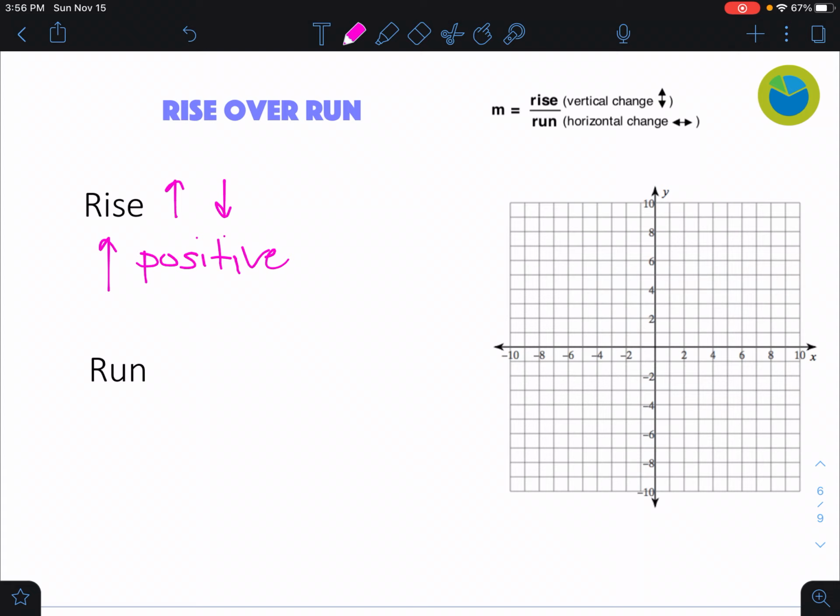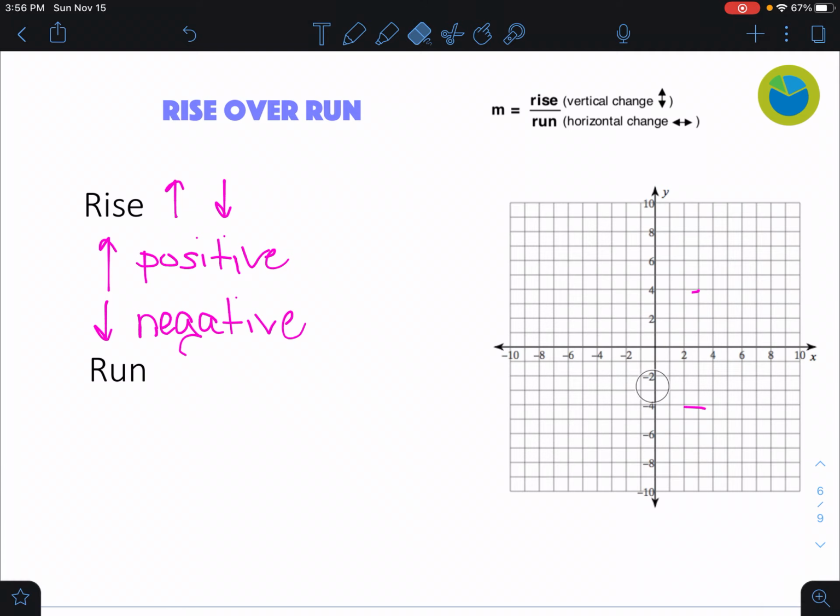Looking at the graph, when you go up, all these values are positive. When you go down, they're negative. If you count down 7 units, you're going to write -7 because you went down.